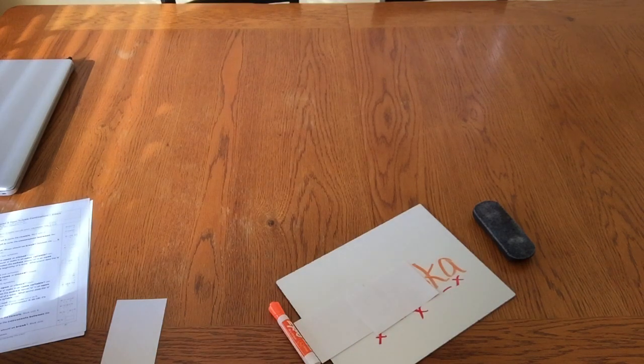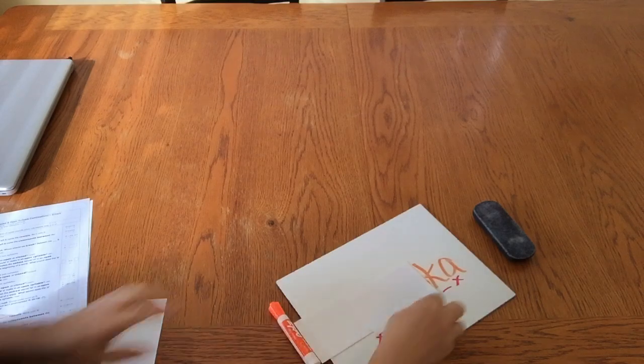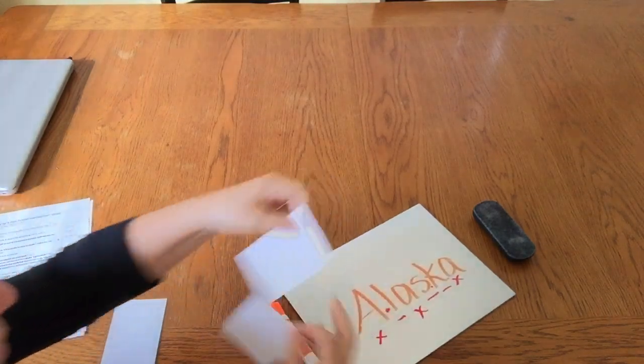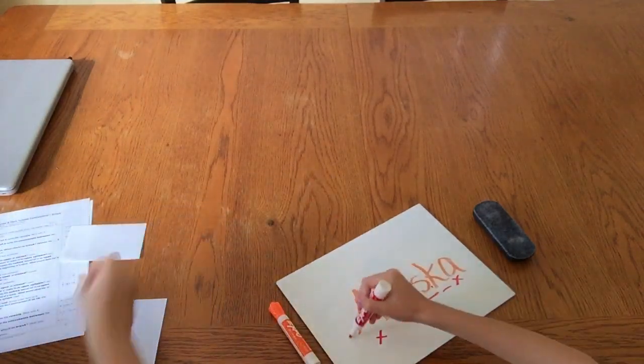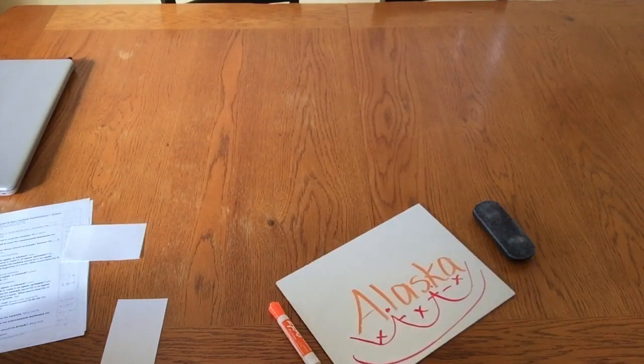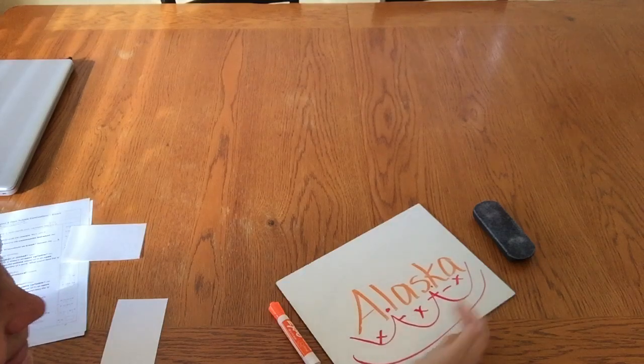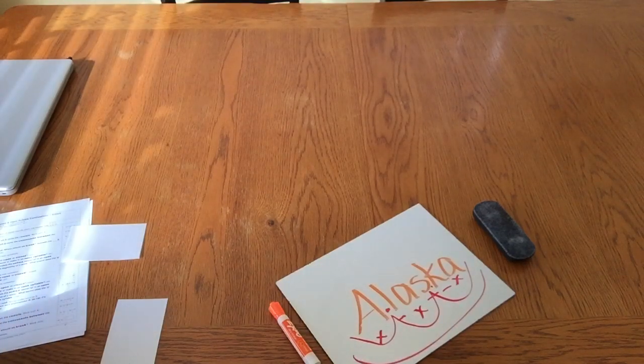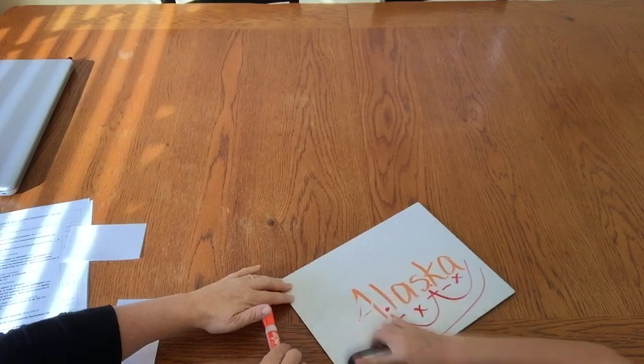K. Okay, very good. All right, so now go ahead and scoop and read that whole word. Alaska. Yeah, so it's not pronounced A-las-K, it's Alaska. Okay, very good. Go ahead and erase that.